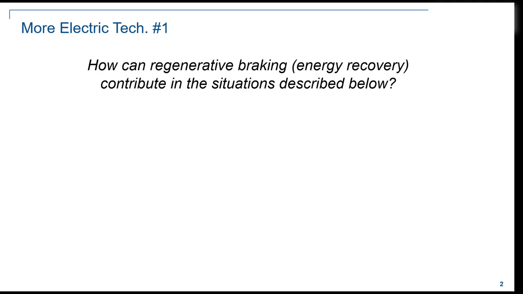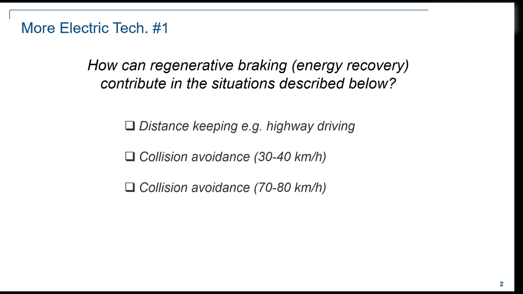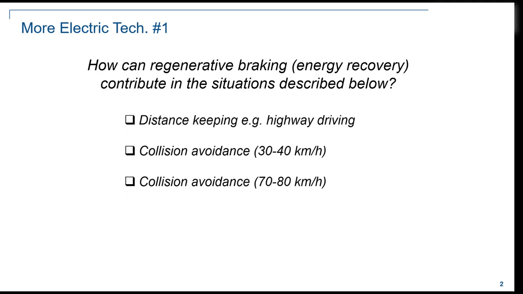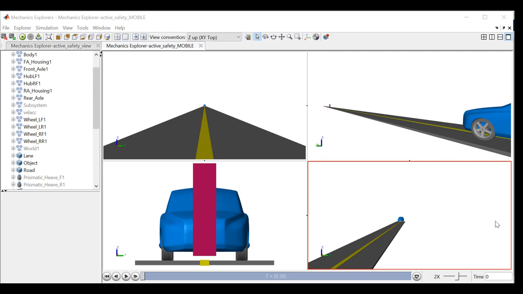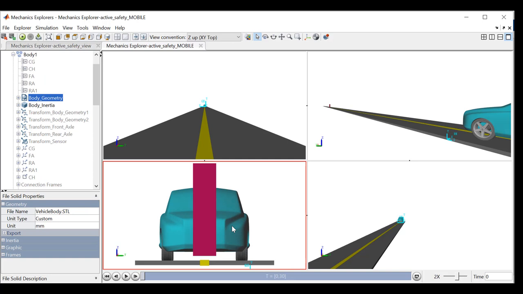So how does regenerative braking impact the situations below? Distance keeping, collision avoidance. When is emergency braking required to guarantee safety? First case, the vehicle encounters a mobile target and adjusts speed to maintain distance.